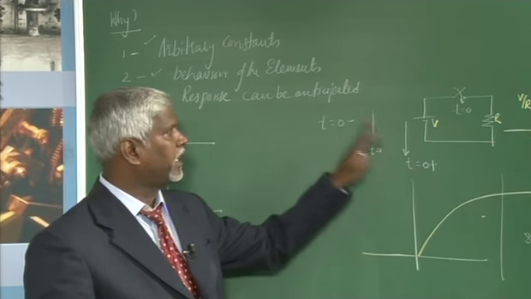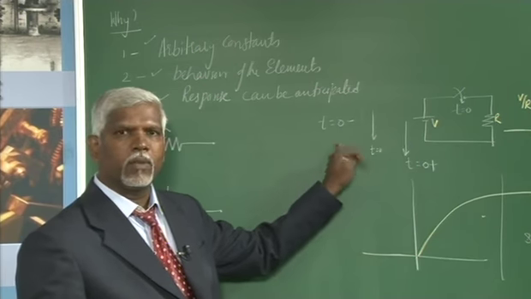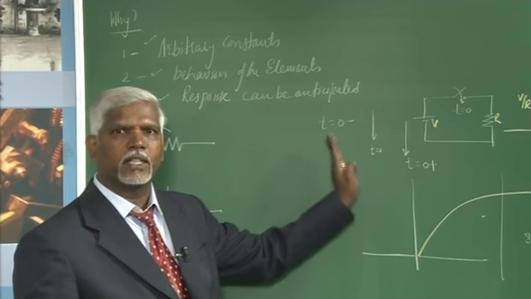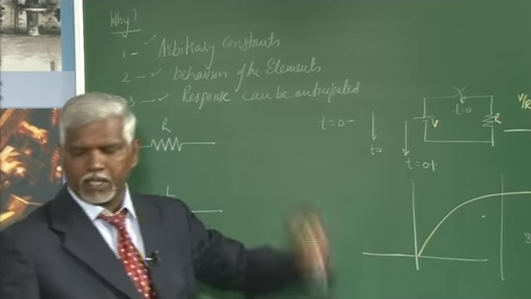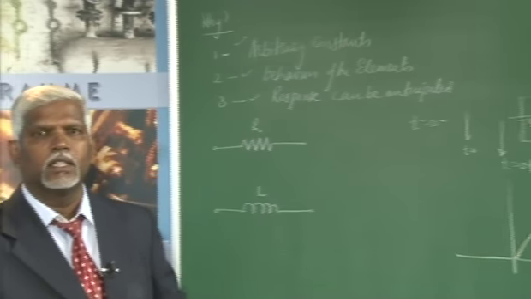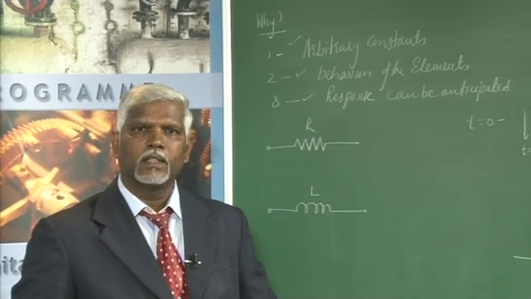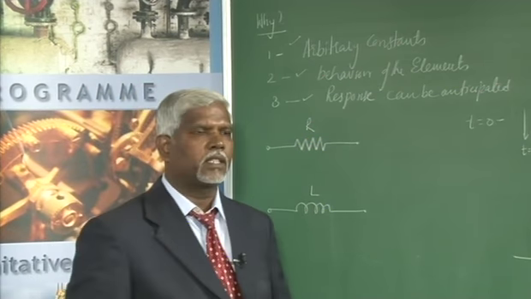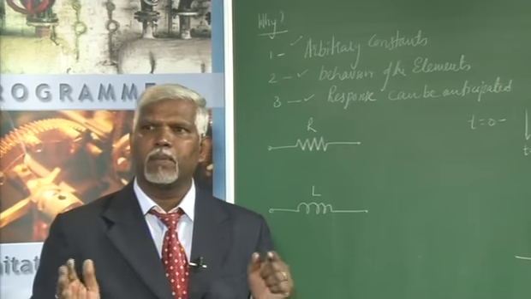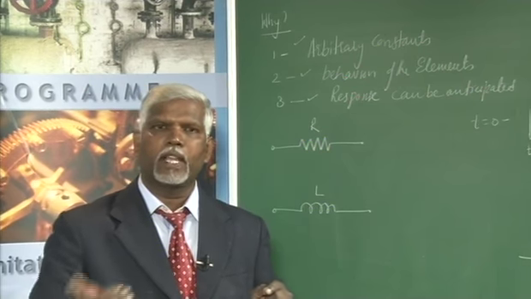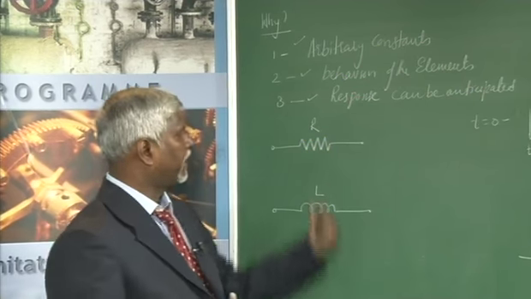So, try to understand, 0 minus is the history before the switch operation takes place, whether it is a closing switch or an opening switch. We will take both examples as we go ahead. Today's class I need to make you understand how the circuit or the element behaves individually, and later on we will take up some examples where we tackle all these things.